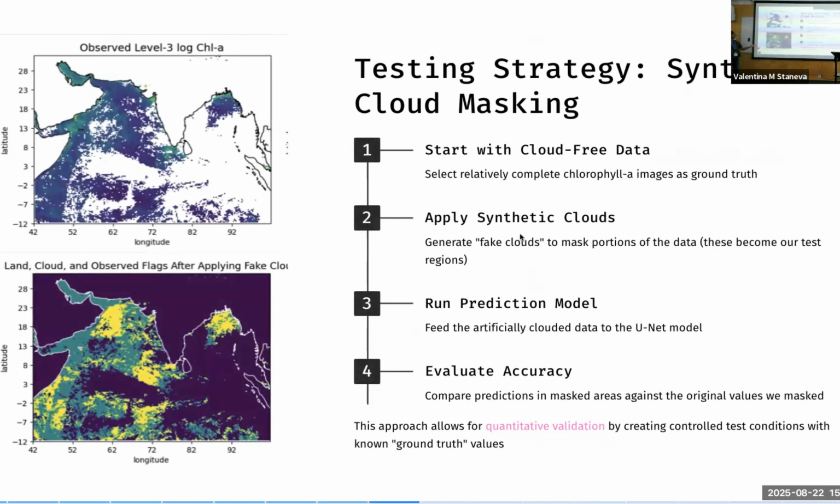Okay, next slide. This was our testing strategy. Once the model is trained, we want to test it to see if it is accurate enough. The testing strategy was: we have the Copernicus data set, we applied synthetic clouds, fake clouds of pixels, and then we ran the prediction model and evaluated its accuracy.